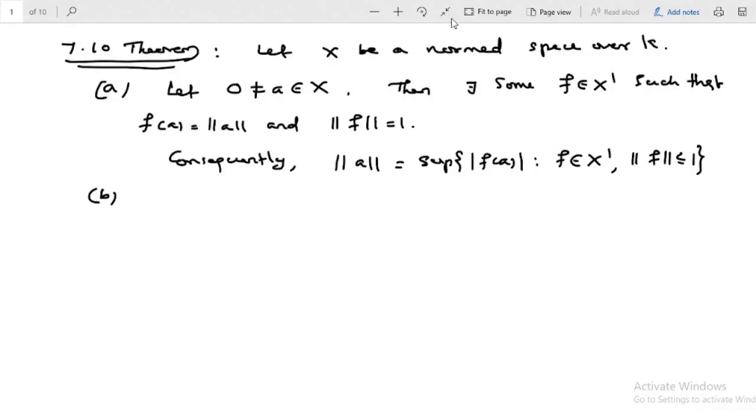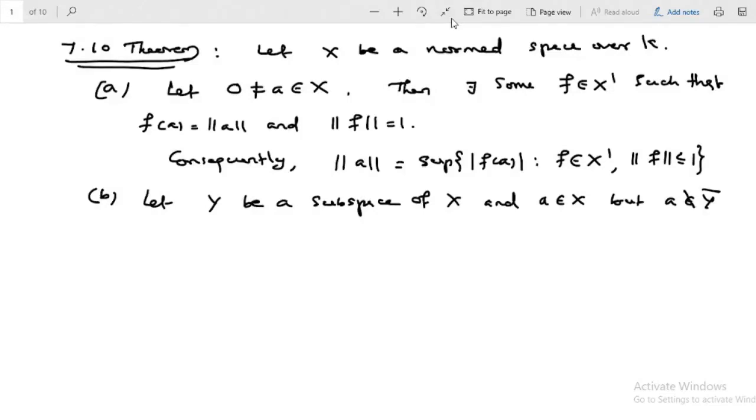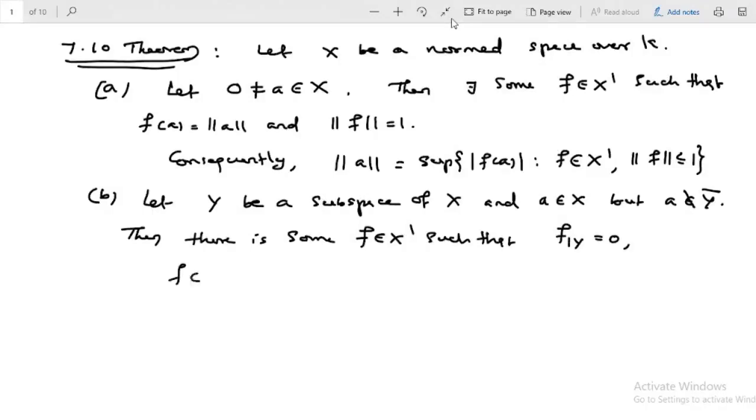(b) Let Y be a subspace of X and a belongs to X but a does not belong to Y closure. Then there is some f belongs to X dash such that f restricted to Y is equal to 0, f of a is equal to the distance between a and Y closure, and norm of f is equal to 1.